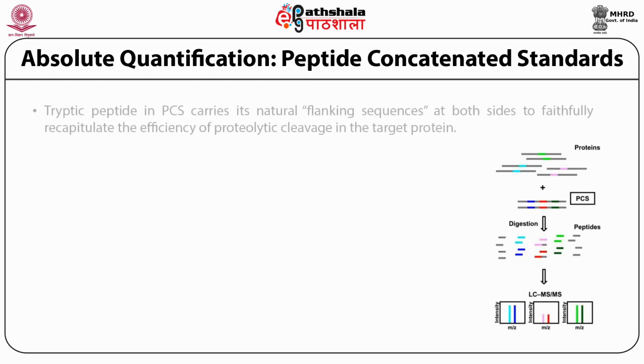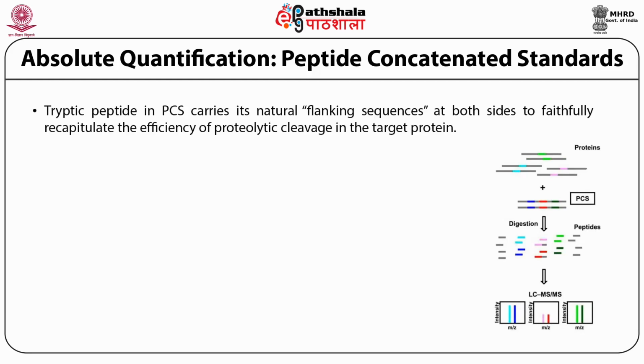In this technique, tryptic peptides in the peptide concatenated standards carry their natural flanking sequences at both sides to faithfully recapitulate the efficiency of proteolytic cleavage in the target protein.